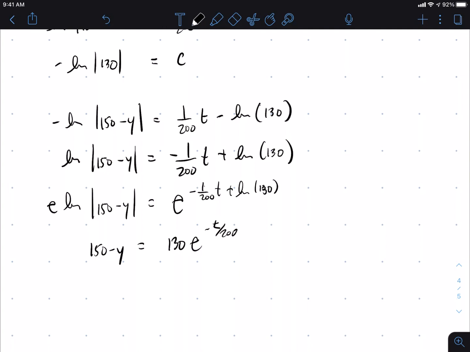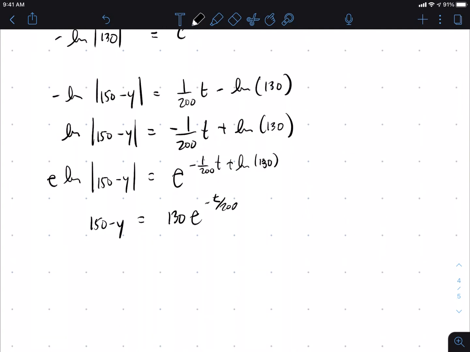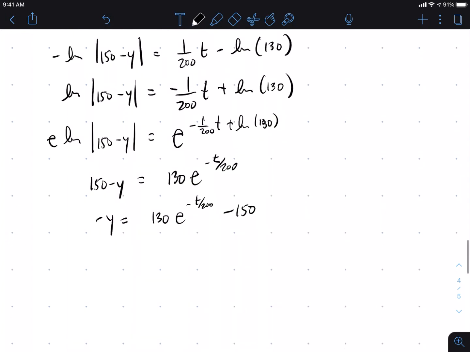Are we in agreement? Yes. Okay, then from here, I'm going to go negative y is equal to 130 e to the negative t over 200 minus 150. And our y is going to be negative 130 e to the negative t over 200 plus 150. Are we good?